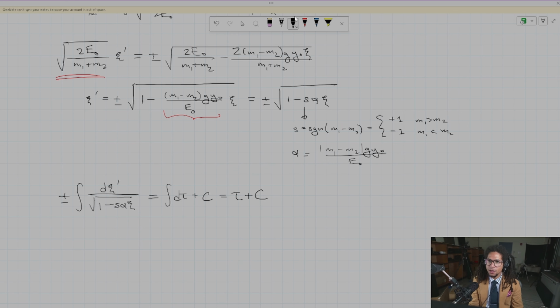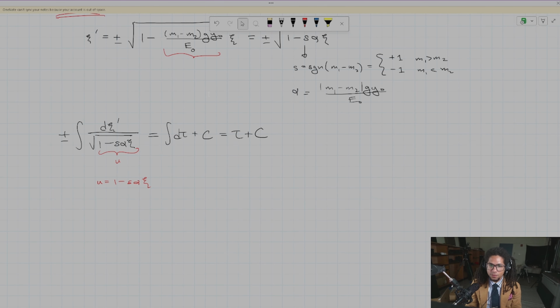Good. Once again, I need to make a u substitution, and the u substitution is just going to be all this stuff is equal to u. So u is equal to 1 minus s alpha c. That implies that, well, first of all, du is equal to minus s alpha dc. Oh, and that says dc prime, it should just say dc.